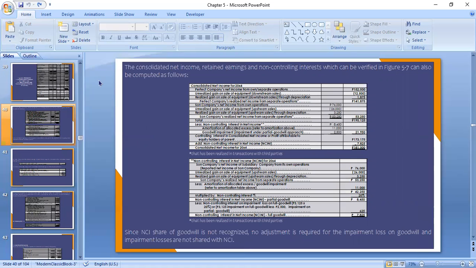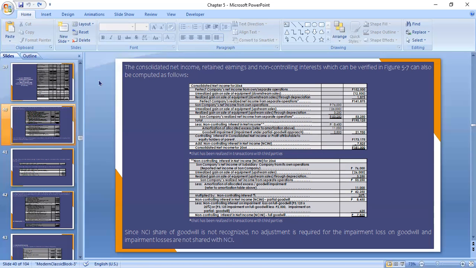We have now the consolidated net income for 20x4, the parent company's net income from separate operations, and then we have to deduct the unrealized gain on sale of equipment, and we have to add 1,875. So the total is the parent company's realized net income from its own separate operations.